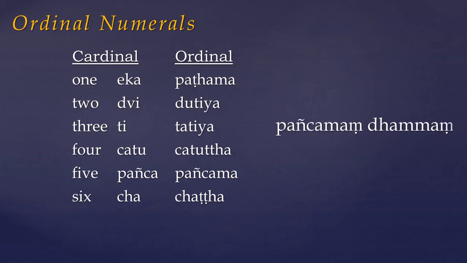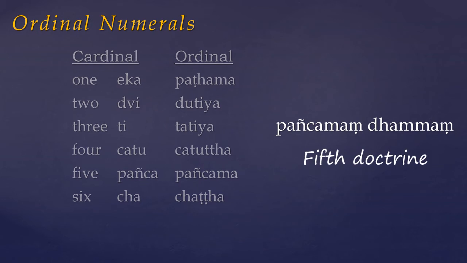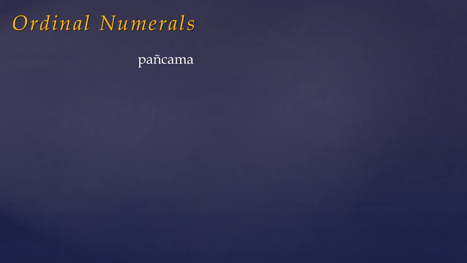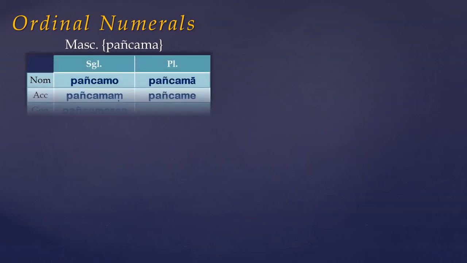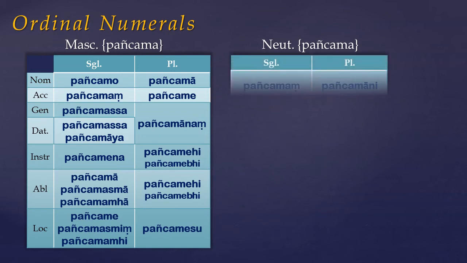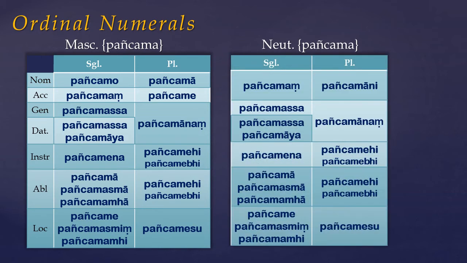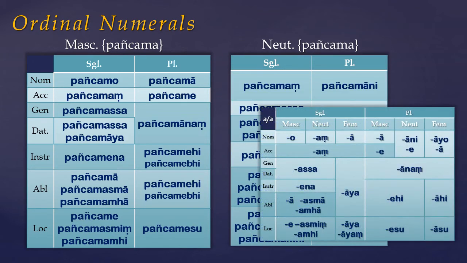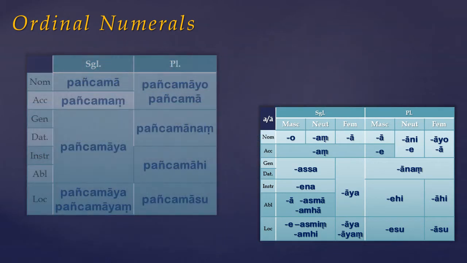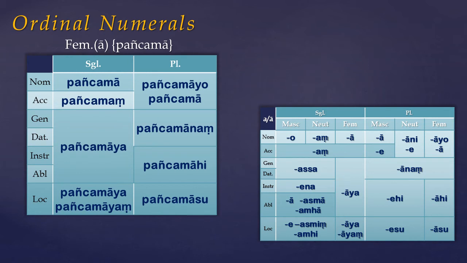These then behave like adjectives, qualifying and agreeing with another noun. If we take pañcama as an example, we can see that it declines like an A-stem noun, especially in the masculine and the neuter. In the feminine, the last vowel is changed to a long A, and this then declines like an A-stem.